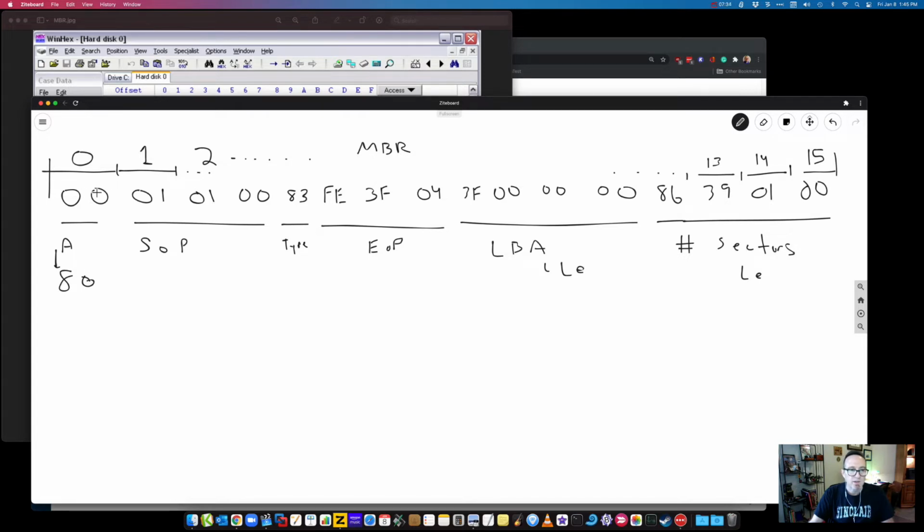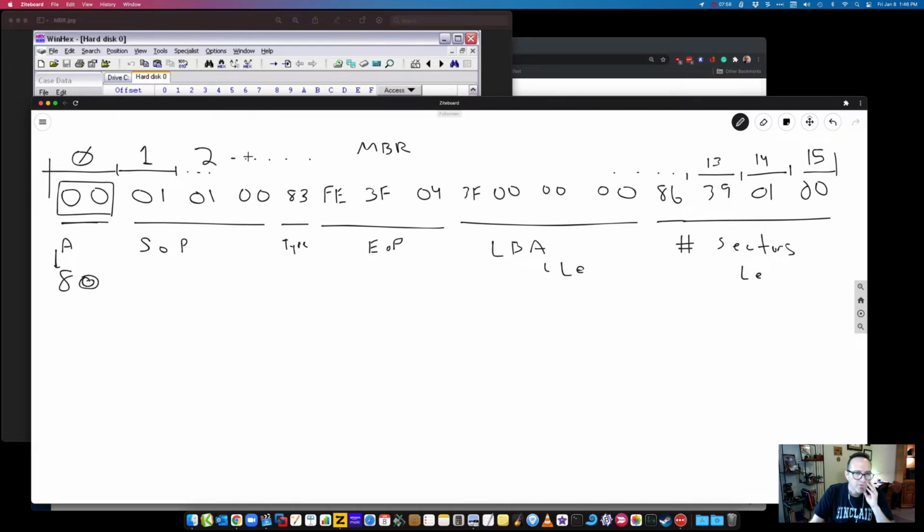So this is an inactive boot record. That's what the first byte, or byte 0, indicates. It's a flag. It's either one or the other: 80 for active, 00 for inactive.